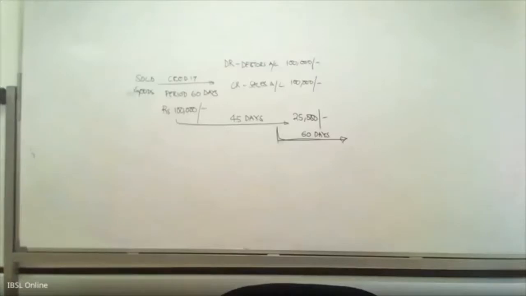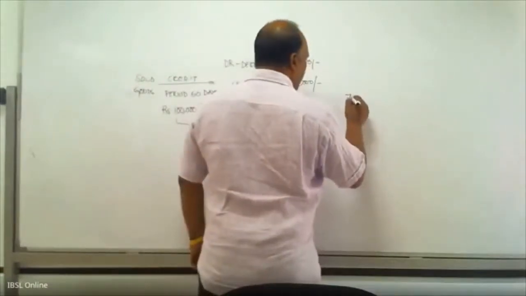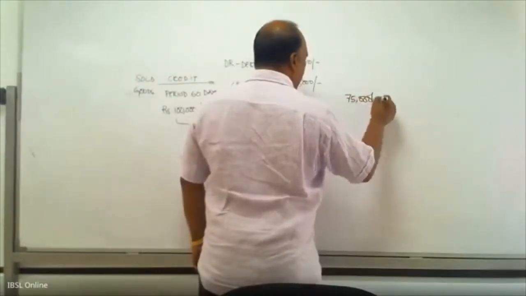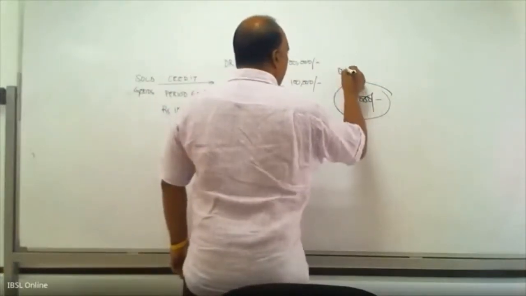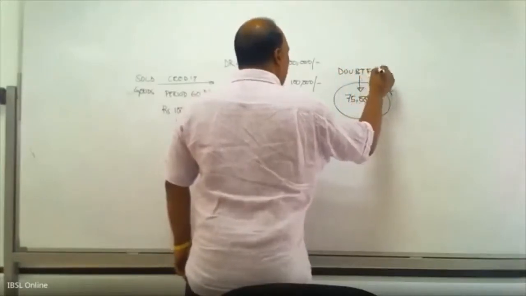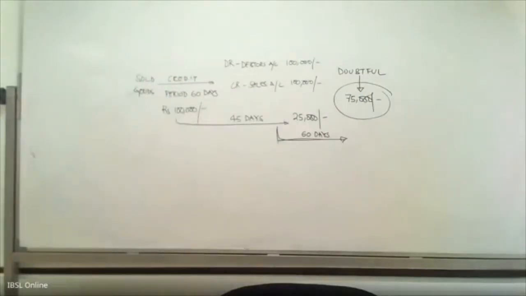Now there is a bit of doubt in your mind whether you will get this balance 75,000. It is slightly doubtful. It is not yet materialized as a loss, but you have a doubt whether this person will pay this 75,000 even after giving 60 days.